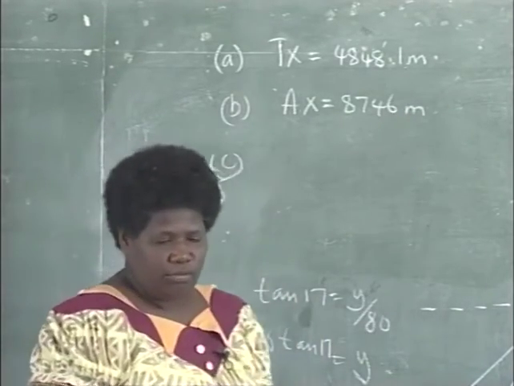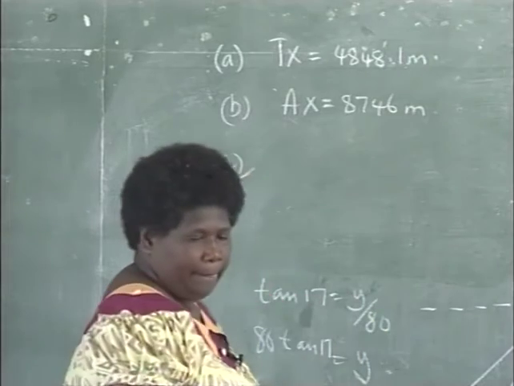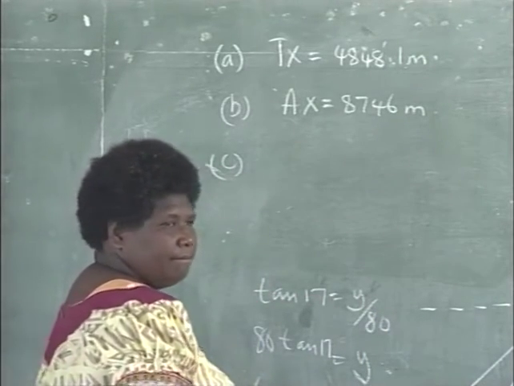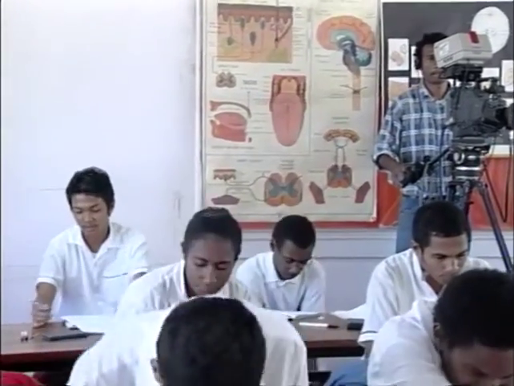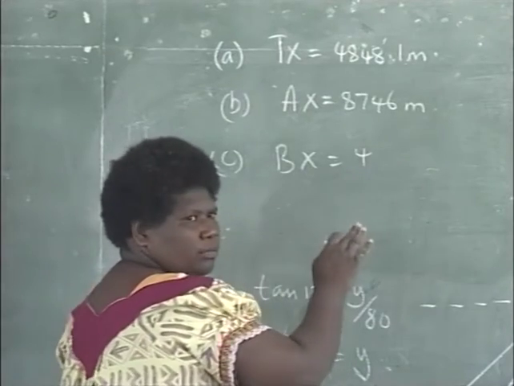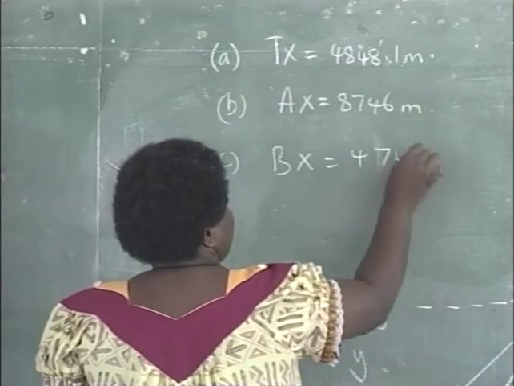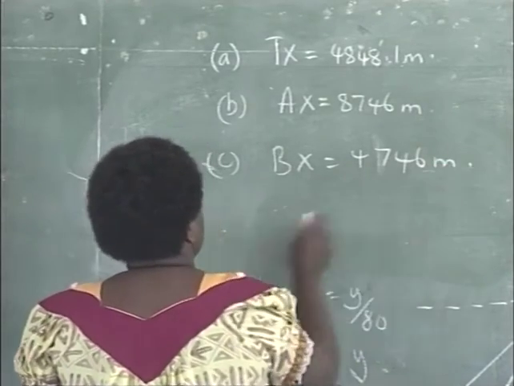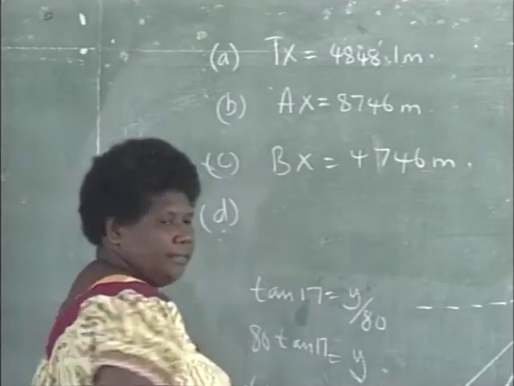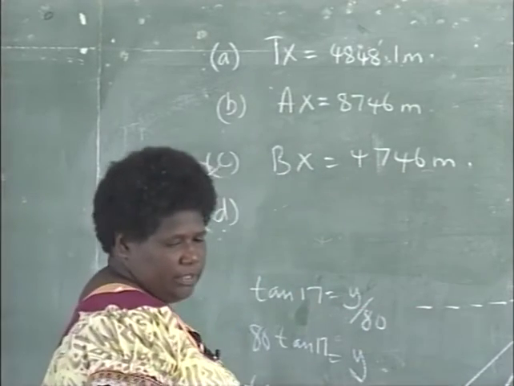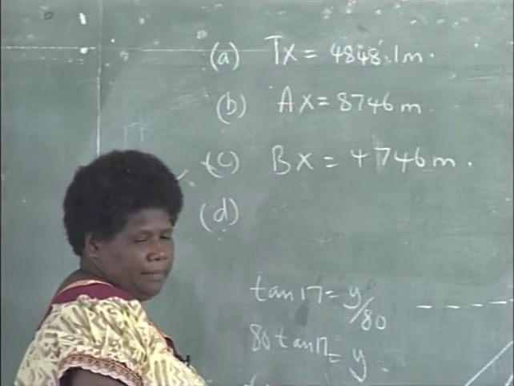Okay, see, Andrew. 4,746 meters. 4,746 meters. And D, Peter, the angle of elevation of the target T from B.